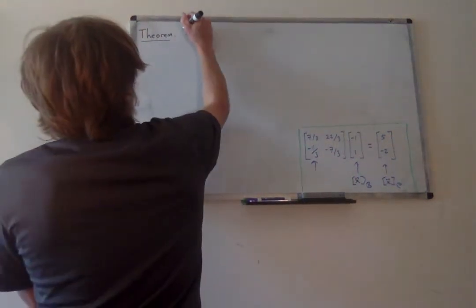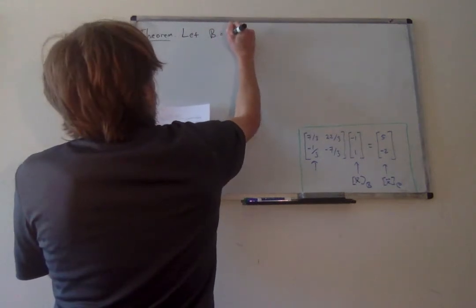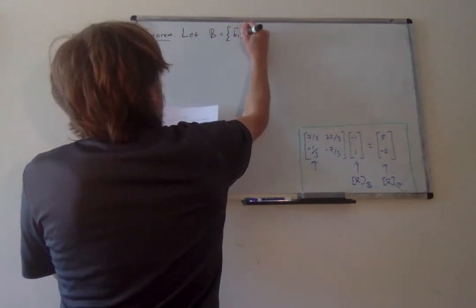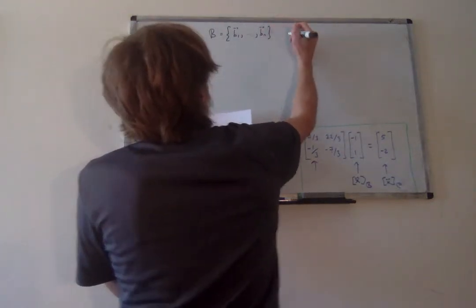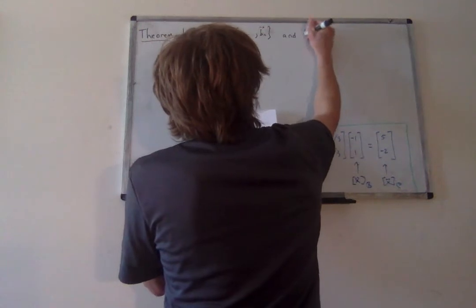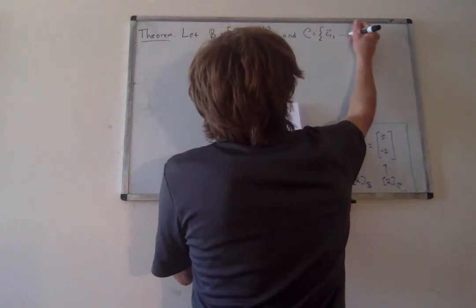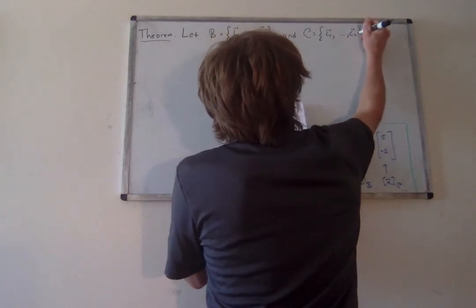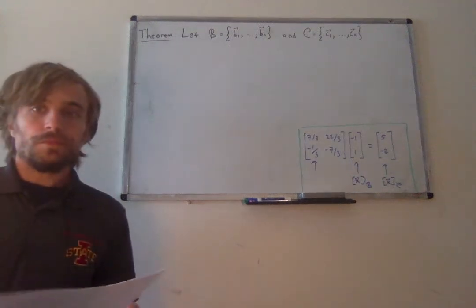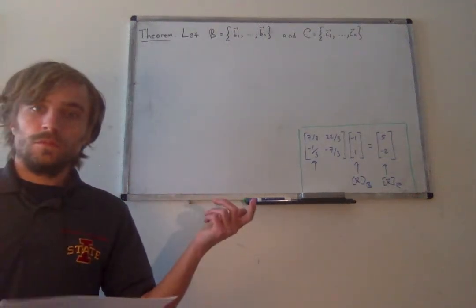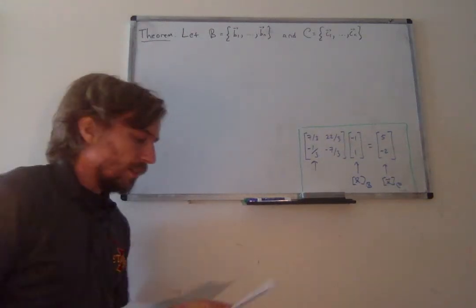So we're going to let B equal, now we'll just generalize this, some basis for Rn, and we'll let C be a different basis for Rn. Notice that B and C are not necessarily, neither one is necessarily the standard basis.